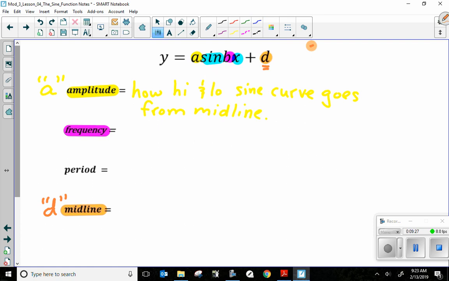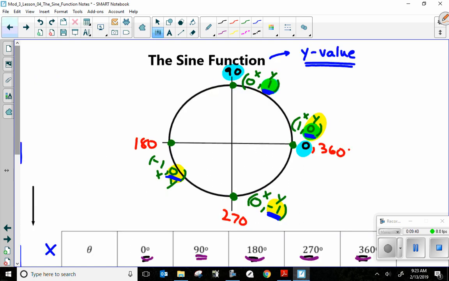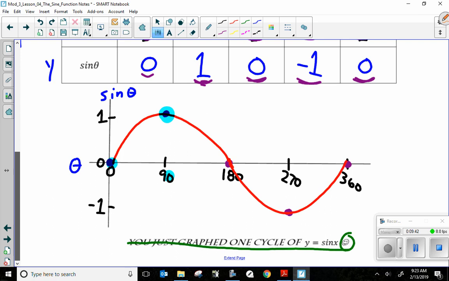So, go back here, orange for orange. My midline represents the middle of your sine curve. And I'm going to go back to the curve we just drew. Bam, right here. This graph way down here, my midline, this is the middle. It's kind of like where the zeros are. You see where my 360, 180, and 90 are?